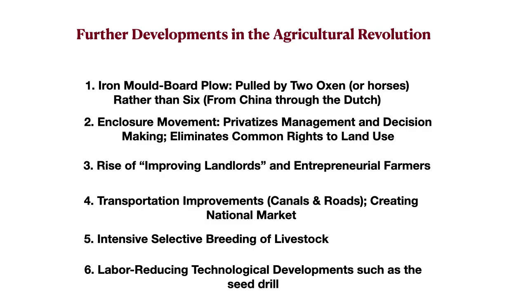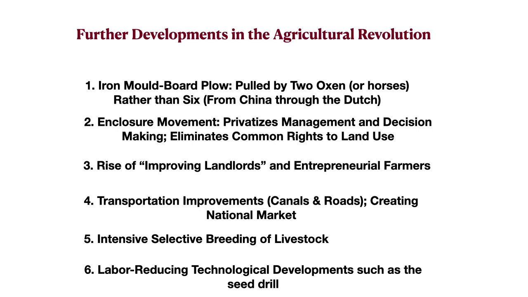And there are a lot of other things that happened in the agricultural revolution. I won't go into great detail. A lot of this came from abroad. For example, improved plows that came from the Dutch, but ultimately probably from China.